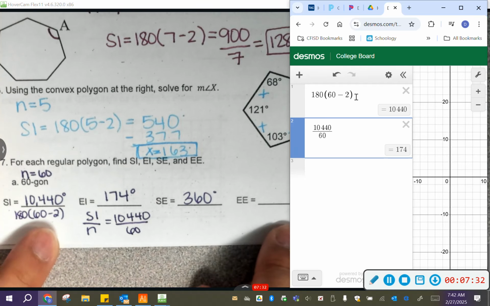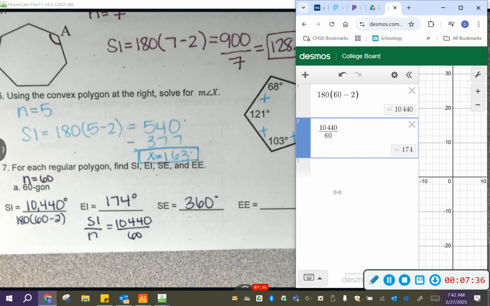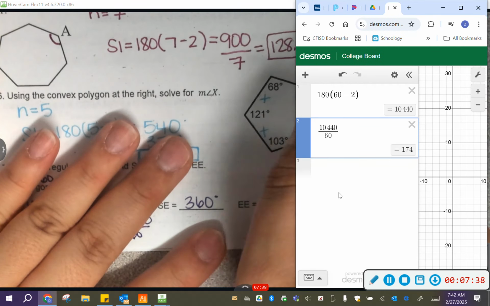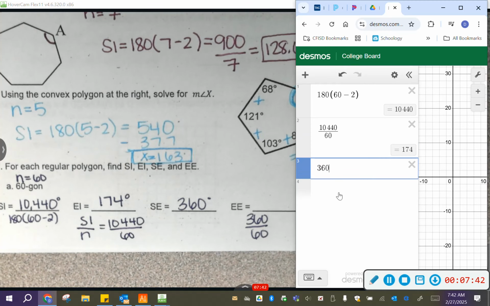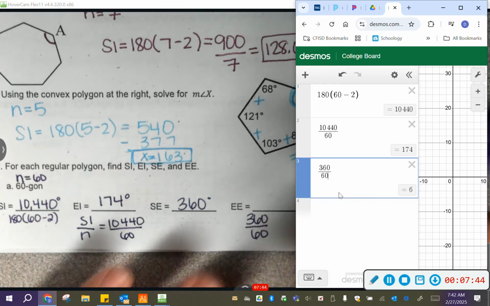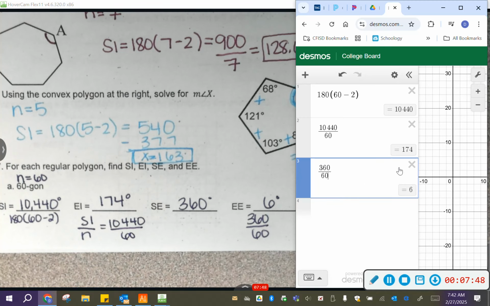How do I find EE? 360 divided by n, or 360 divided by 60 is 6. And didn't we talk about how EI and EE should add up to what? 180. Do those add up to 180? Yeah. So we know we got it right.